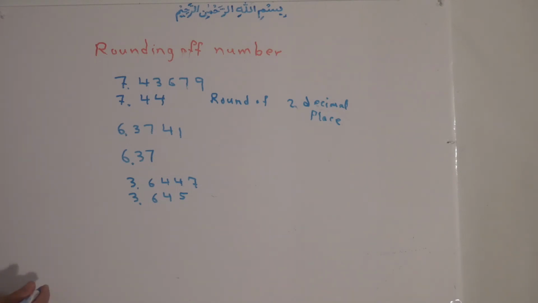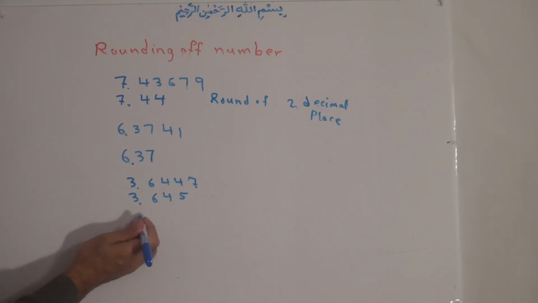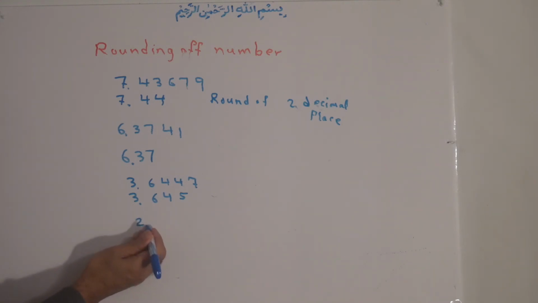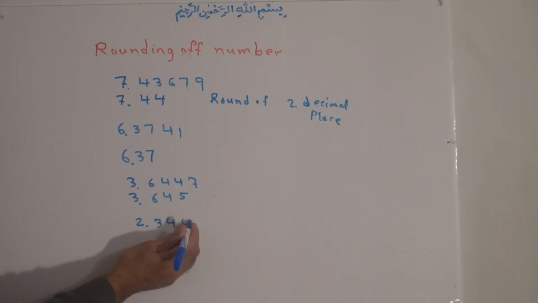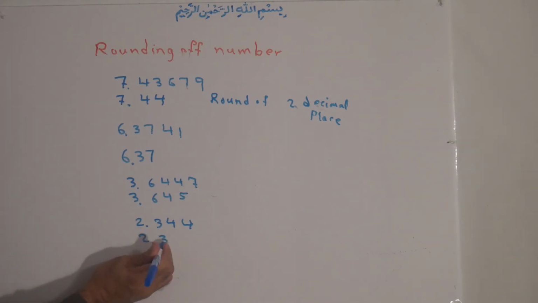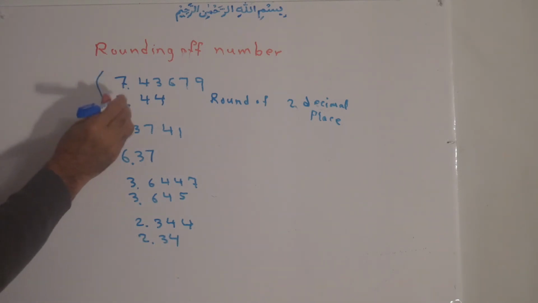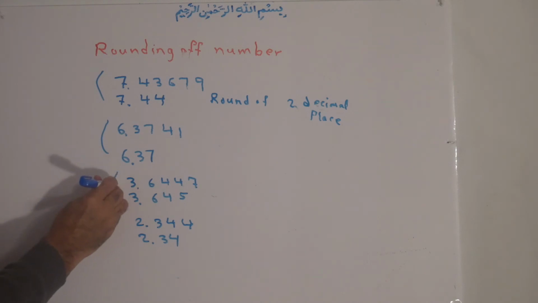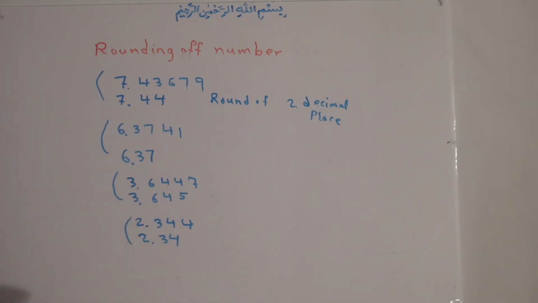And another example, 2.344. If you round to 2 decimal places, it is 2.34.